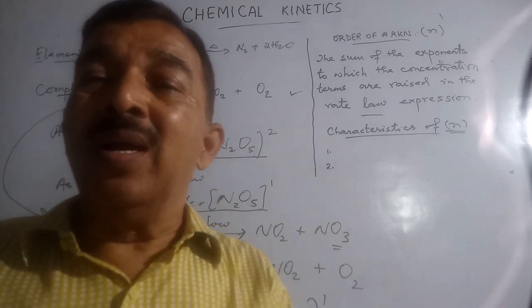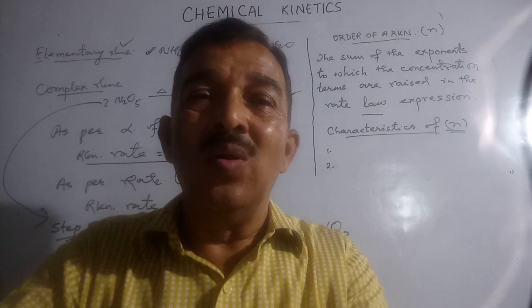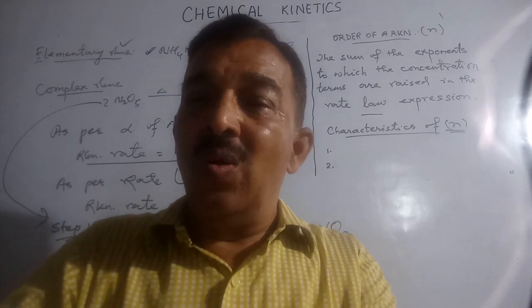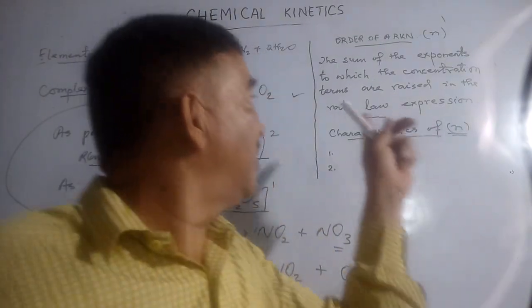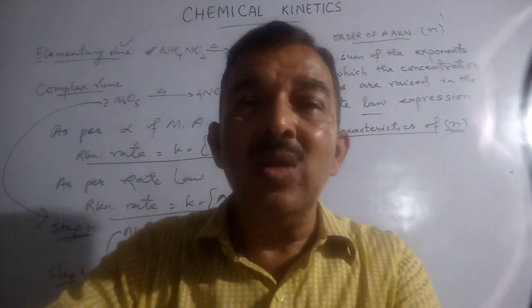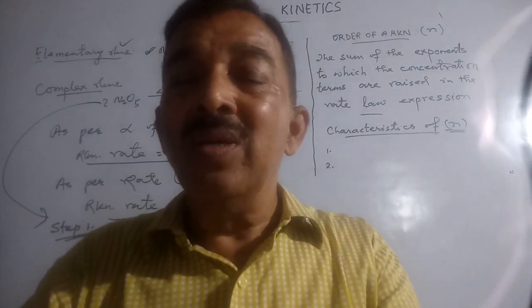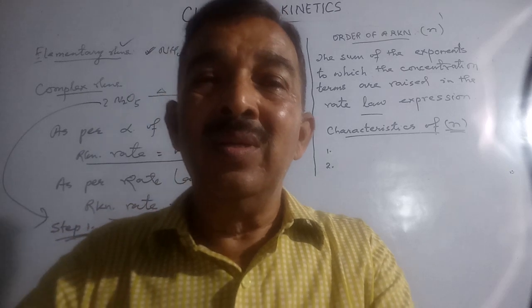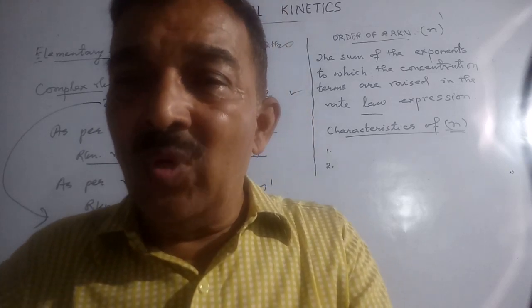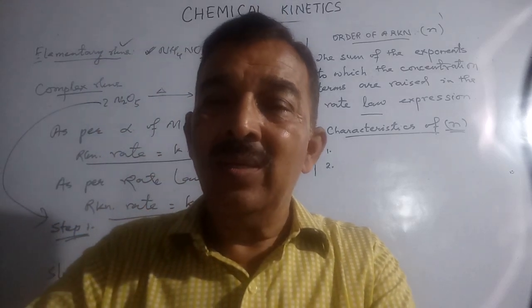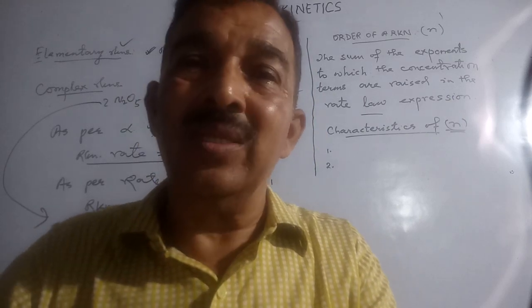Now coming to the characteristics of order of a reaction. There are two characteristics. One, the order of a reaction may be 0 or a positive integer or a positive fraction.